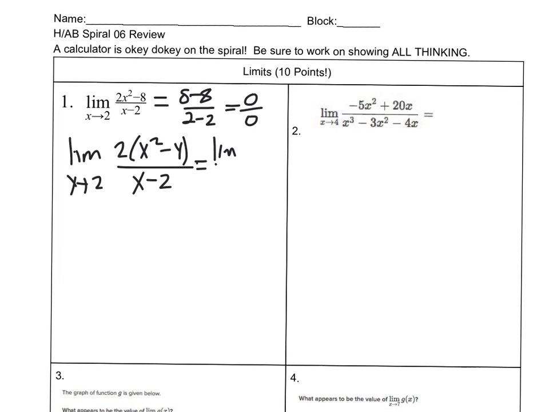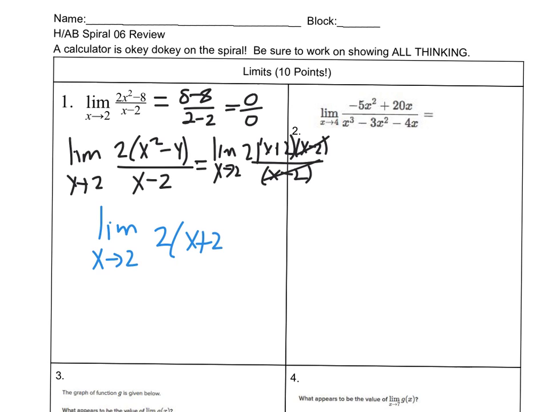So that's the limit as x approaches 2 of 2 times (x plus 2)(x minus 2), and the bottom is just going to be x minus 2. My x minus 2's reduce, and we've got the limit as x approaches 2 of 2 times (x plus 2), which is going to be 2 times 4, or 8.